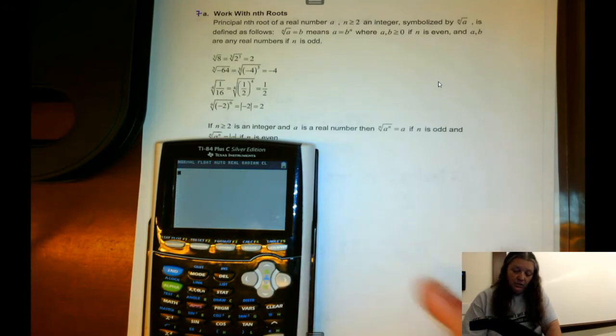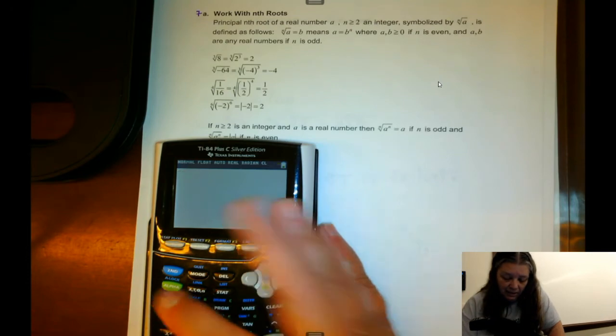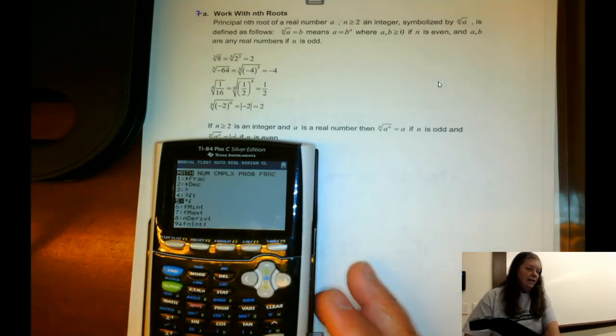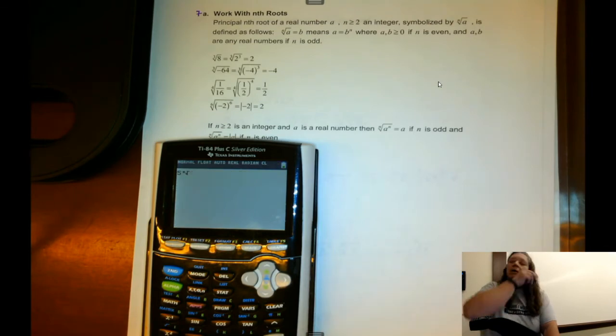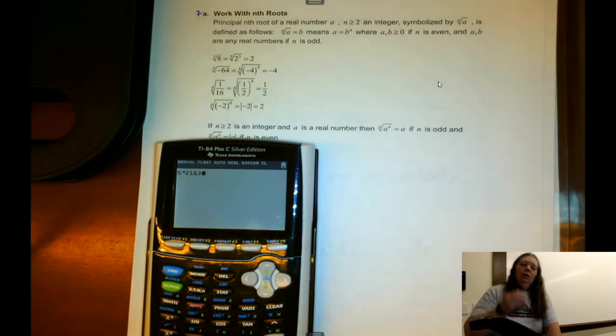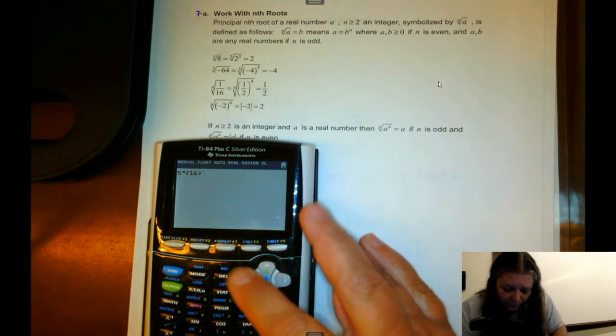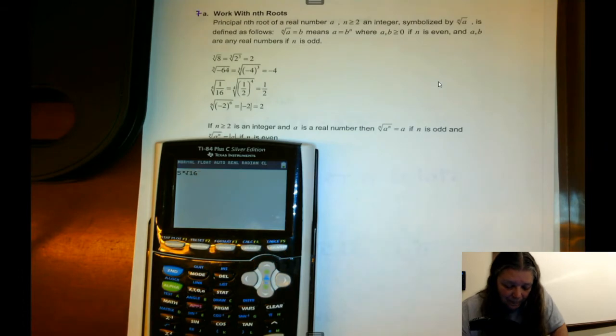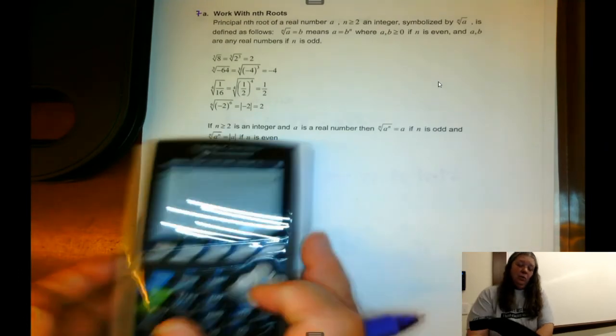Well, what we have to do first is put in the root, which is 5, then go to math and go down to this xth root, and enter 16. You don't need that parenthesis. So the fifth root of 16 is 1.7411.